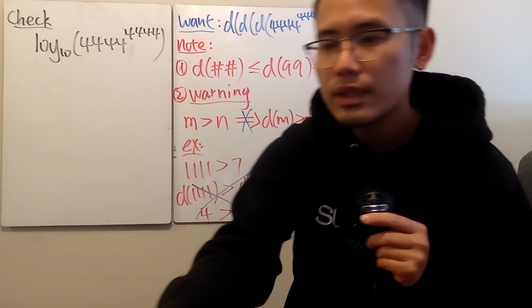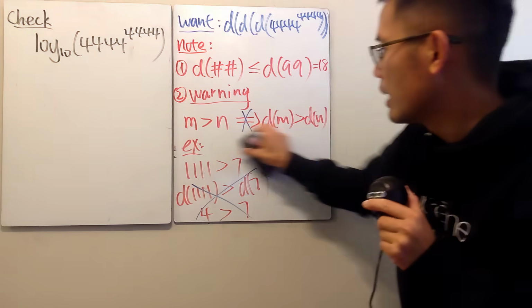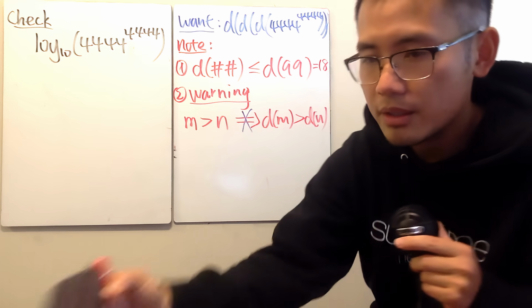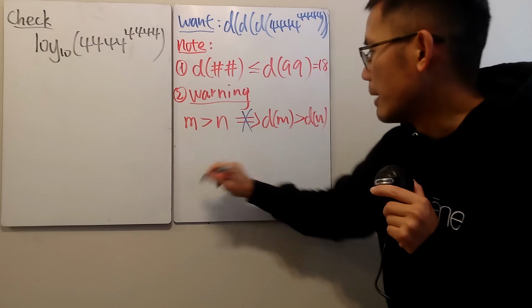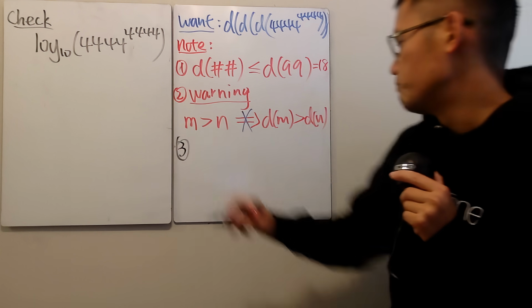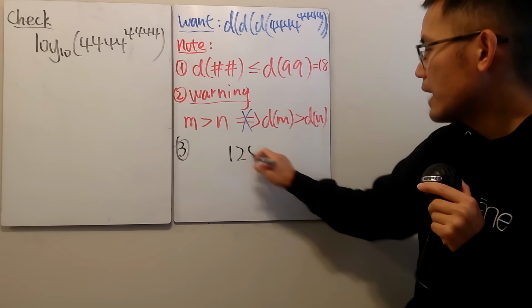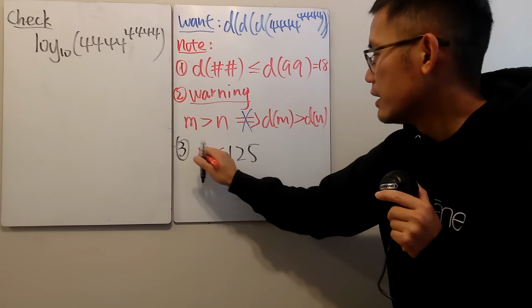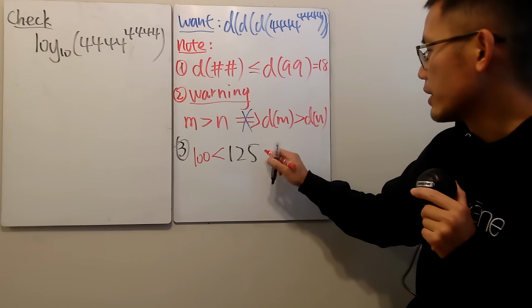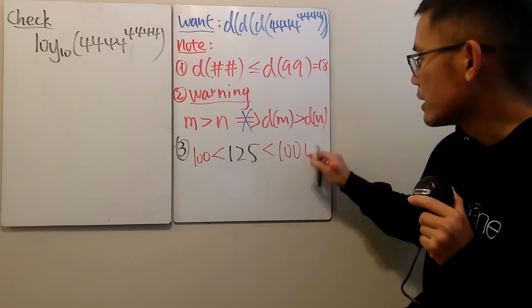And why do I want to do that? Well, I'll give you guys the reason. For example, if you have a number, say 125, we know this right here is bigger than 100 and this right here is less than 1000, right?